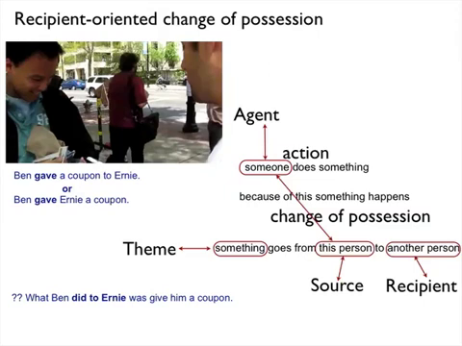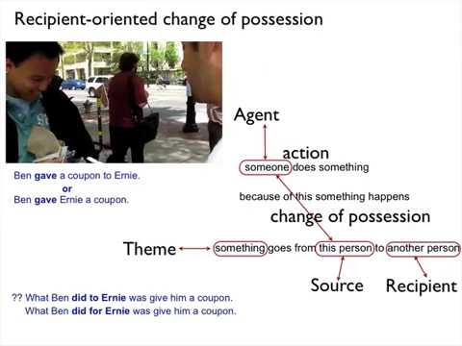So in these kinds of change of possession, the person who has the thing that undergoes the change of place originally is the source. The one that ends up with it is the recipient. So notice that this is a very complex scenario, but it's a very important one for the grammar of many languages, because here you get some kind of universal constraints.